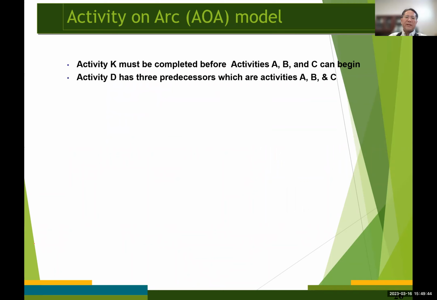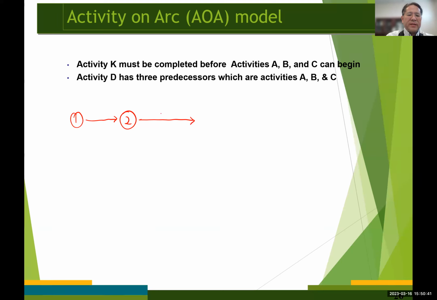Then what about this case? How would you construct the AOA network diagram to express that activity K must be completed before activities A, B, and C can begin, and activity D also has 3 predecessors, which are activities A, B, and C? Some of you might do this.